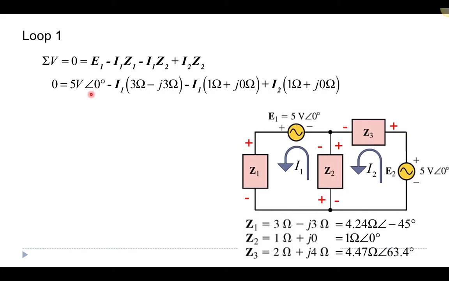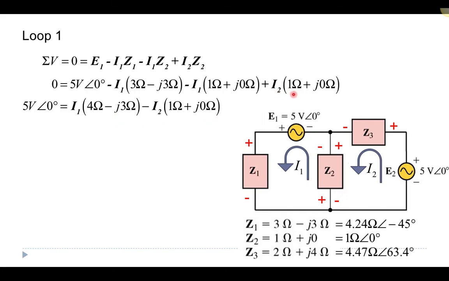I'm going to move this voltage to the other side of the equation, or more generally speaking, I'm actually moving the currents to the other side, making this positive, positive, and then negative. So moving this over and combining terms, the 3 and the 1 gives me a 4, the minus 3 and the 0 give me a negative 3.